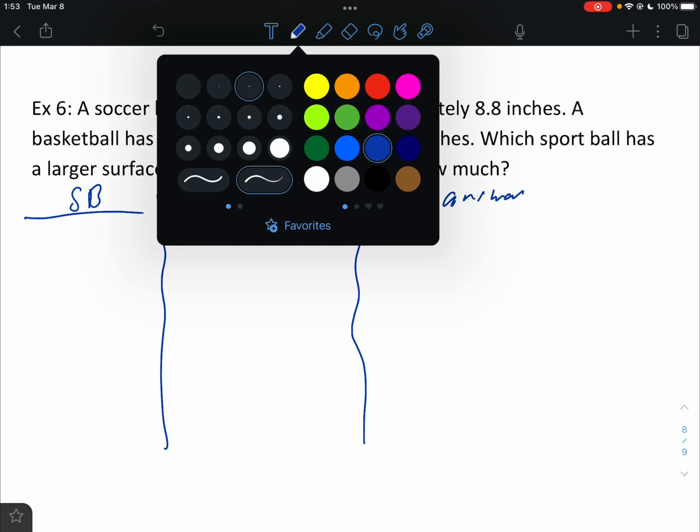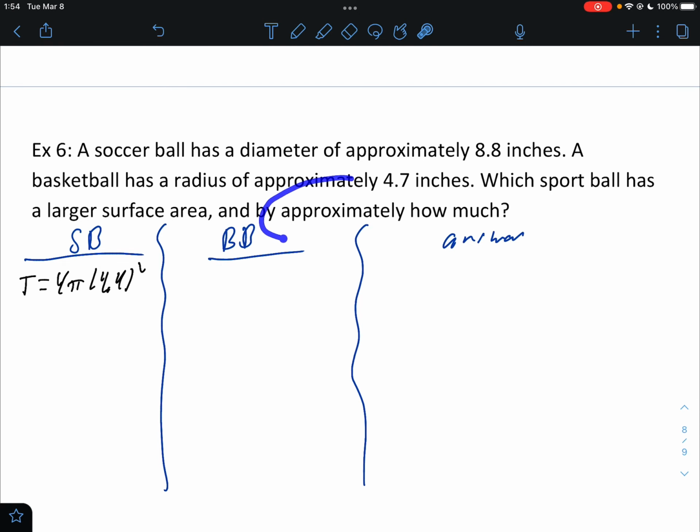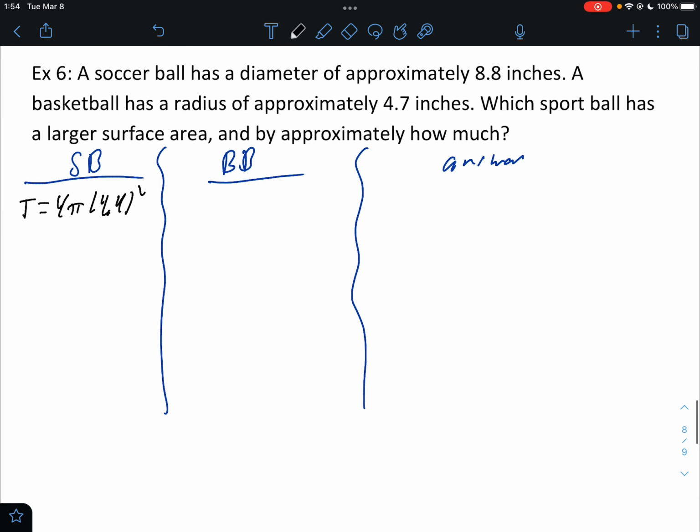All right, the soccer ball is going to be T equals 4 pi. The radius is half of 8.8, so 4.4 squared. Now it does say approximate here, so we are going to be rounding this problem. So type everything in your calculator. 4 pi times 4.4 squared.